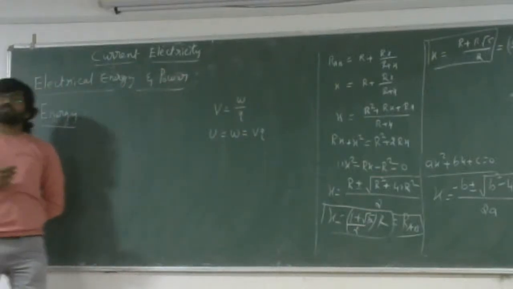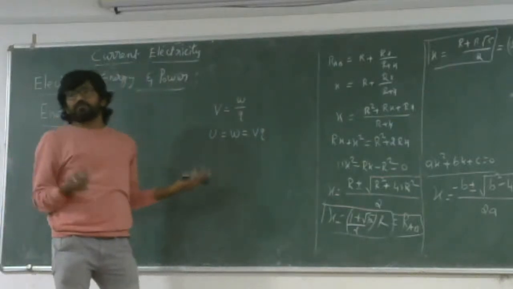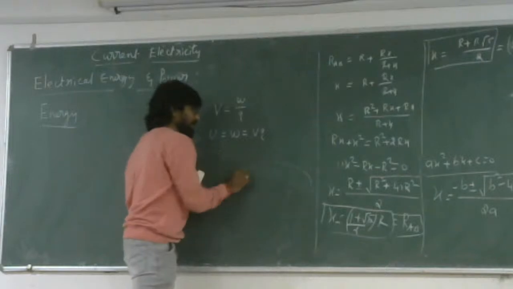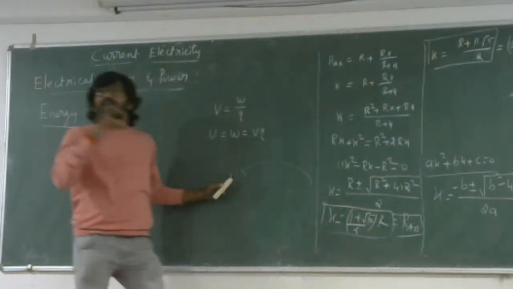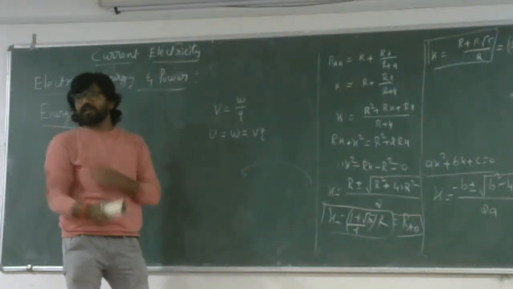The potential energy of a single charge in the absence of an external field is zero. When you are bringing a given charge from infinity to a point in the absence of an external field, there is no opposing force, so there is no need to do any work. So it will be zero.